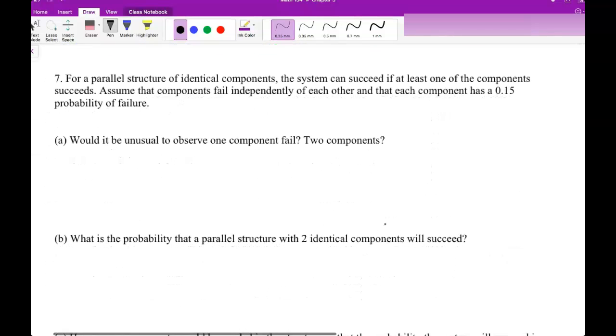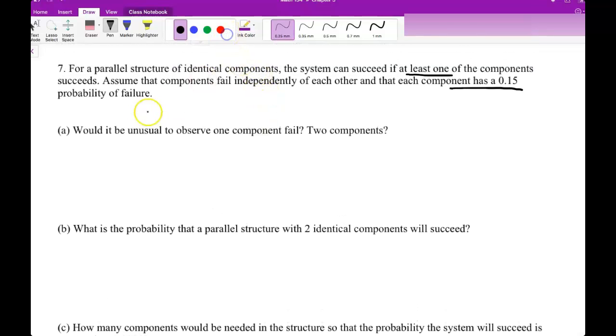Next one, for the parallel structure of identical components, the system can succeed if at least one of the components succeeds. Assume that components fail independently of each other, and that each component has 0.15 probability of failure.